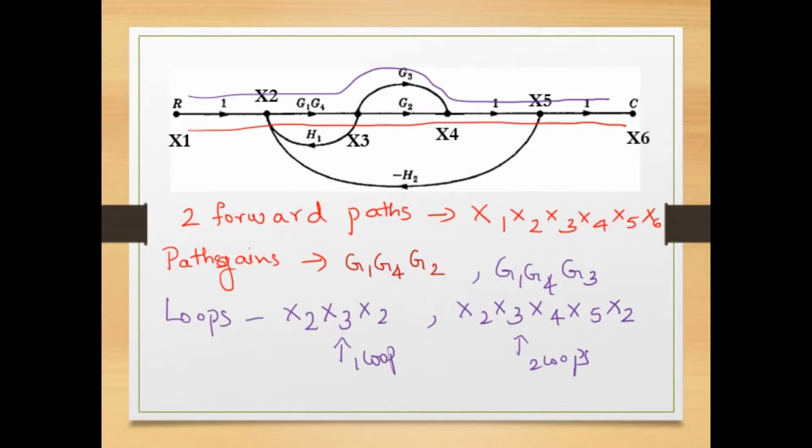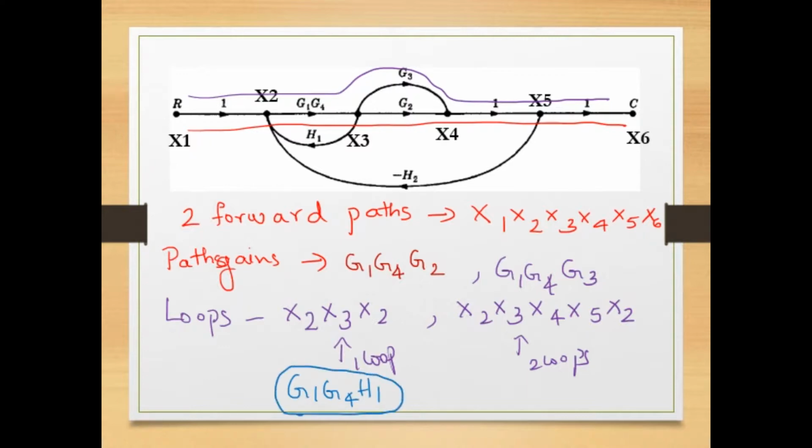The first loop related to this has a gain G1, G4, H1. Okay, this is the first loop gain.